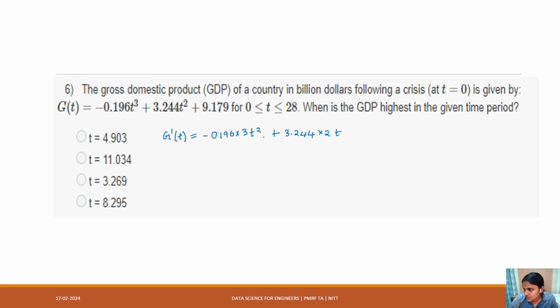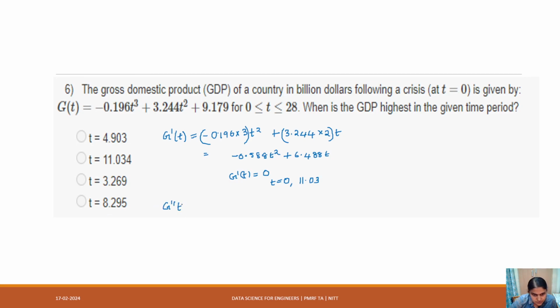So you'll be getting the answer minus 0.588 t square plus 6.488 t. Now substituting g dash of t equal to 0, you'll be getting t equal to 0, one answer, and t equal to 11.03. You can just check if you're getting this answer.